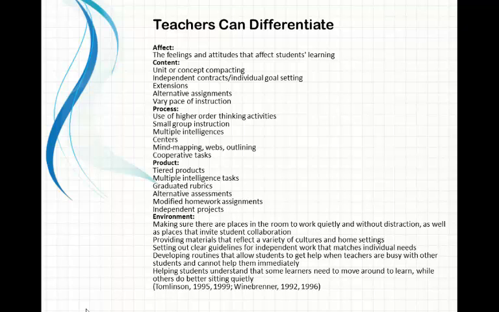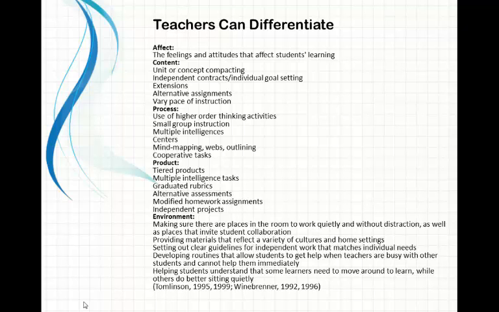Teachers can differentiate the affect, which means the feelings and attitudes that affect students' learning. The content can be differentiated: unit or concept compacting, independent contracts, individual goals, extensions, alternative assignments, varying the pace of instruction.